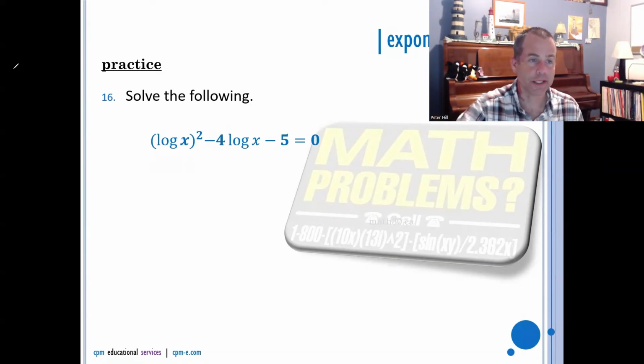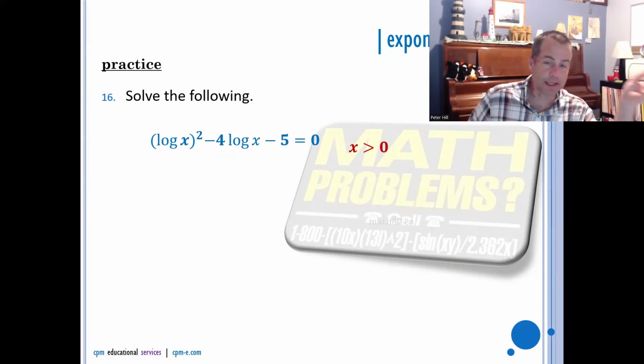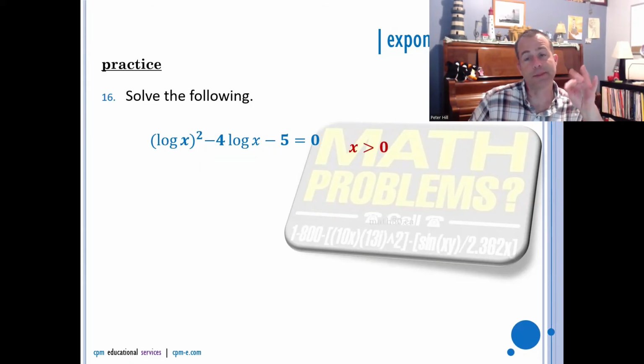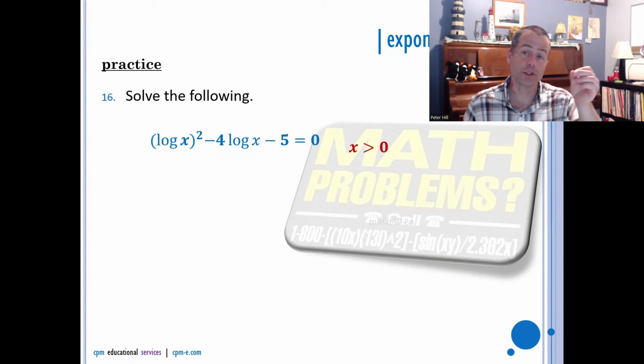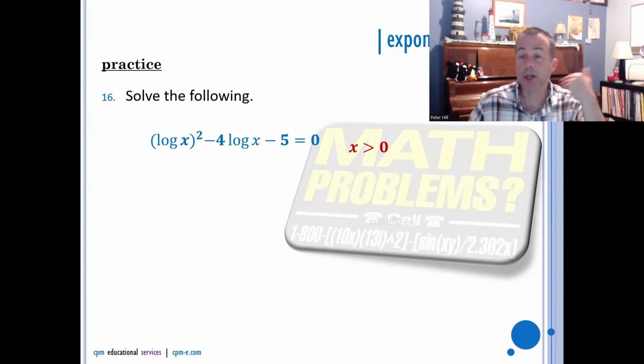I know that because I'm taking the log of x, x will have to be greater than 0. And now I'm just going to look at factoring it. In a previous example with the quadratic looking exponential one, I did a substitution. I said, hey, let's let 4 to the x equal a. You could do the same thing here. Let log x equal a and solve it that way. I'm not going to this time.